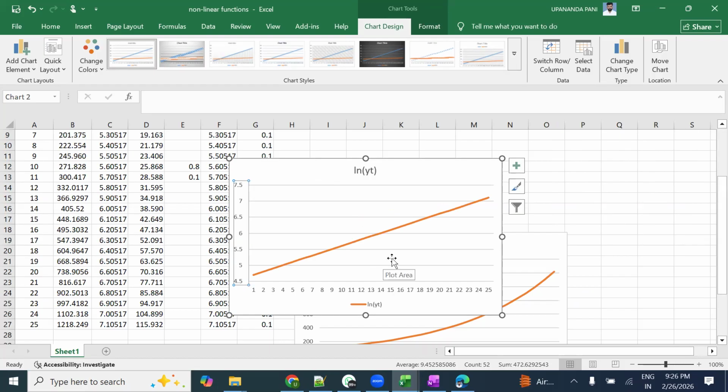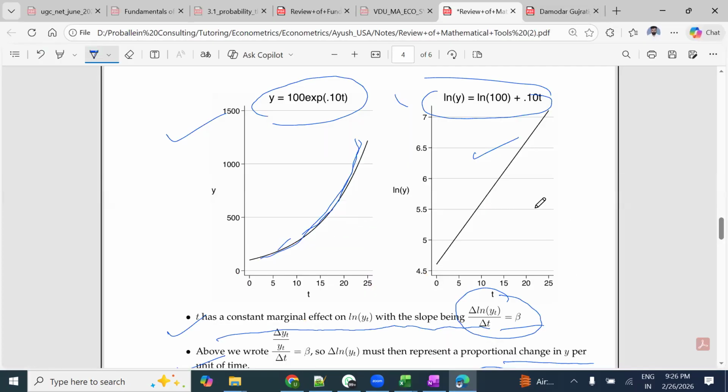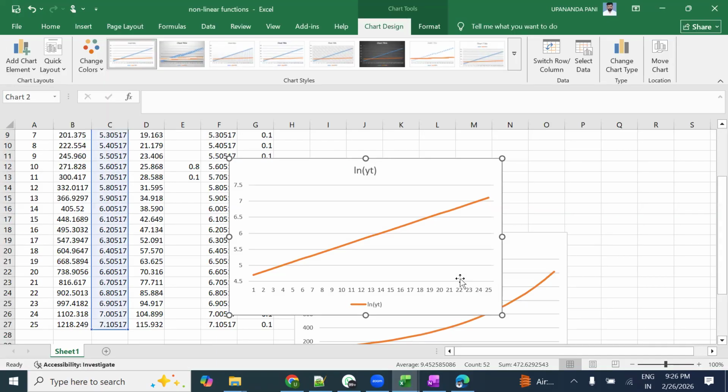See, it will be little adjusted. And here also we have to take a 5 year gap. Then the graph will be adjusted.